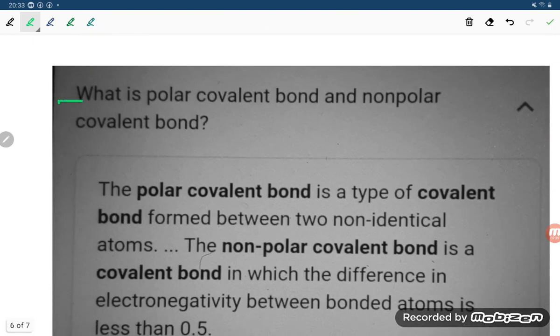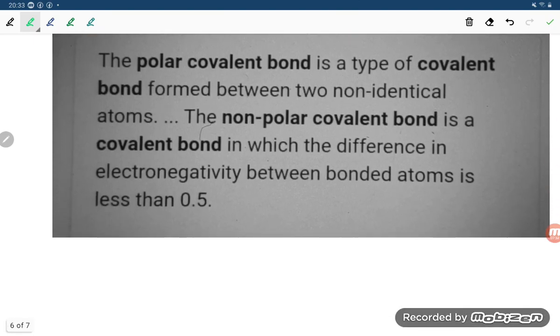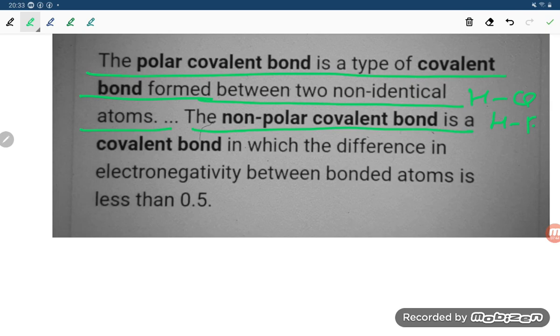If there is no polar bond, the molecule is non-polar. Now, what is the polar covalent bond and non-polar covalent bond? The polar covalent bond is a type of covalent bond formed between two non-identical atoms, like HCl, HF; they are not identical. The non-polar covalent bond is a covalent bond in which the difference in electronegativity between the bonded atoms is less than 0.5.